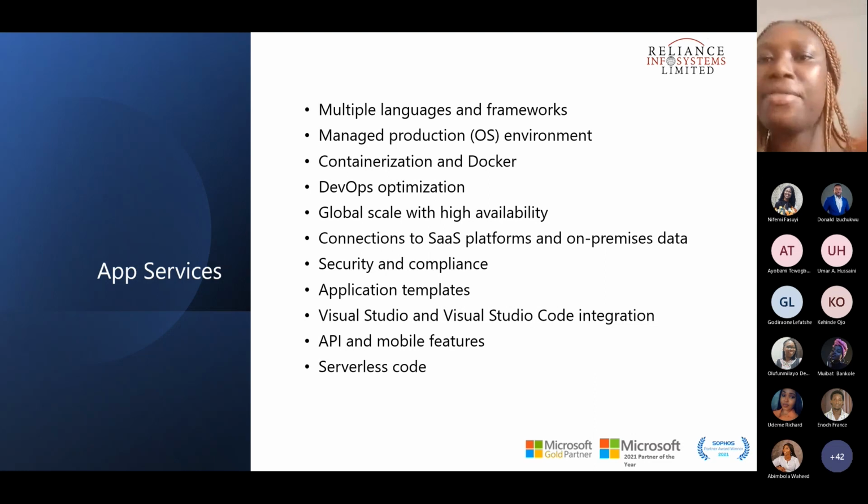So if you just want to deploy your application and you don't want to manage the underlying infrastructure, you can make use of Azure App Service to modernize your application.